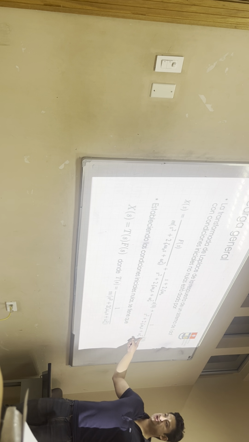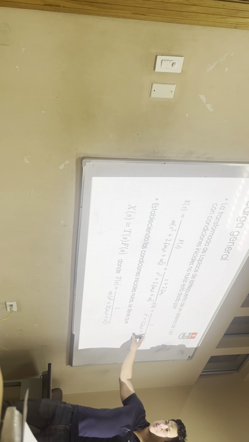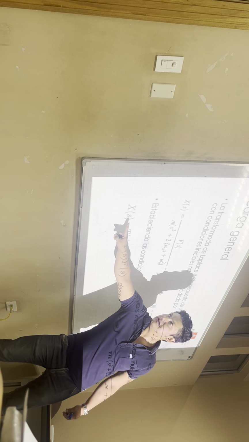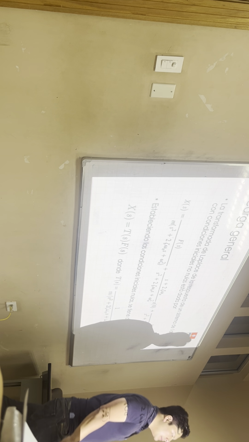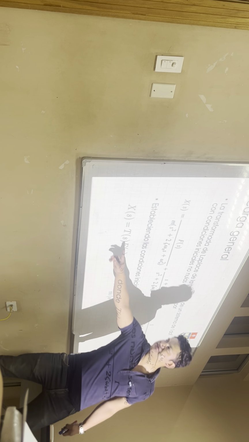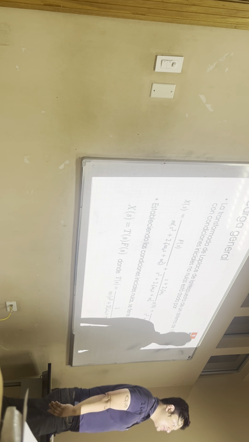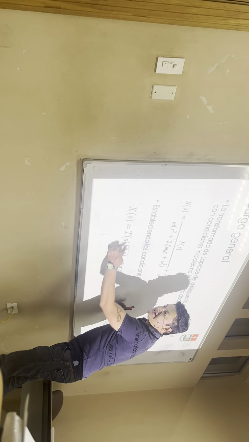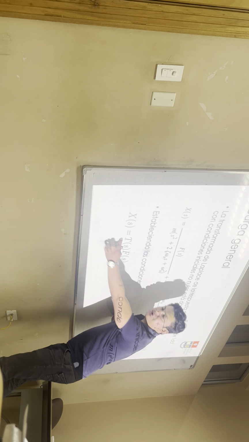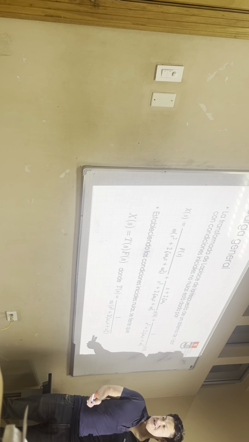These initial conditions are 0, so therefore you end up with something like this. The Laplace transform of the output equals the transfer function times the Laplace transform of the input. Between these two things, this is something that you know already, because you know the system, which is something like this.